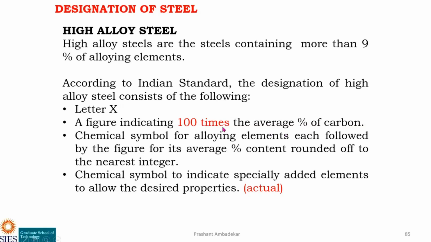Generally, we have the letter C after the percentage of carbon, but that letter C is not here. So first is the letter X, then a figure which indicates 100 times the average percentage of carbon, similar to the plain carbon steel or free cutting steel, and the letter C is missing, and then directly we have the chemical symbol for the alloying element, each followed by the average percentage of the content of the alloying element.